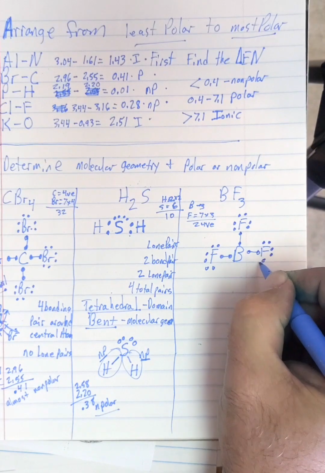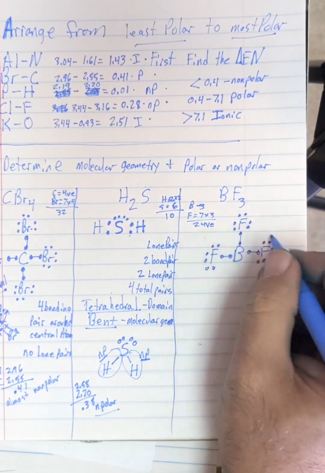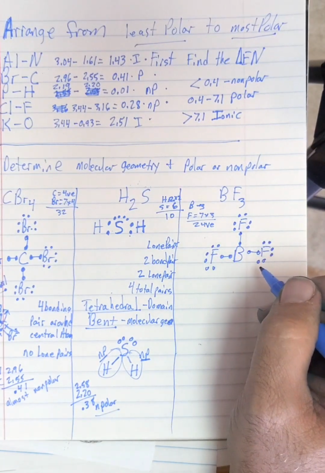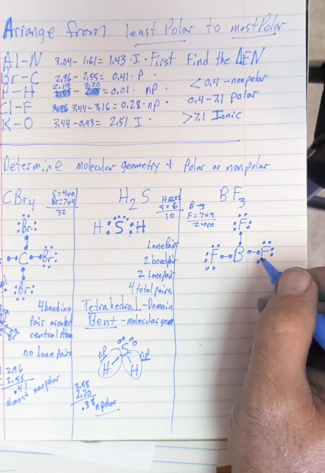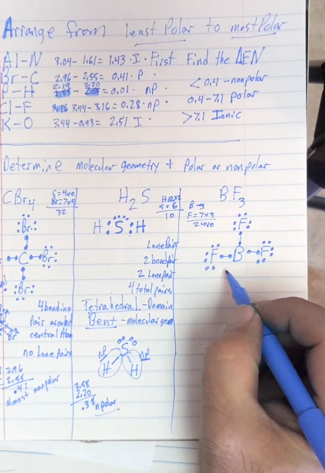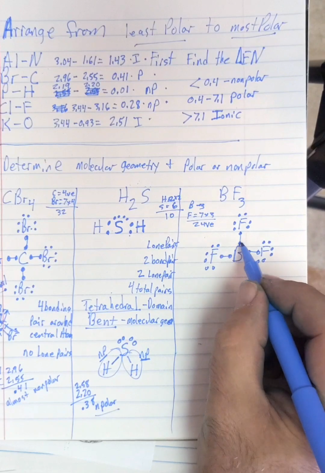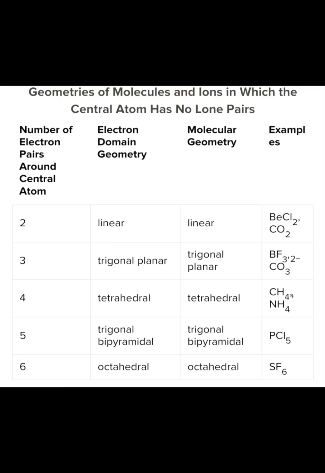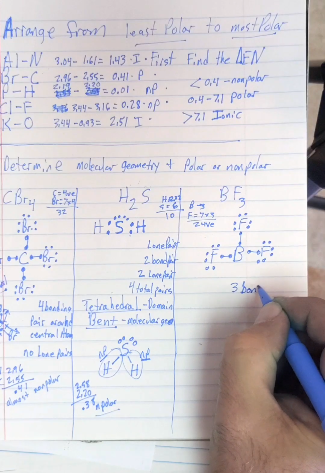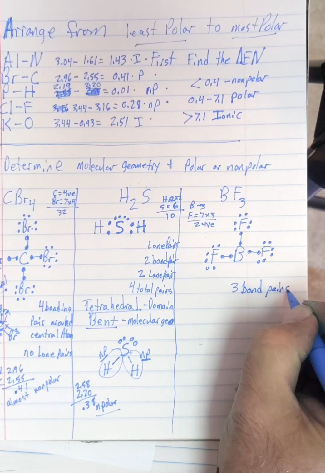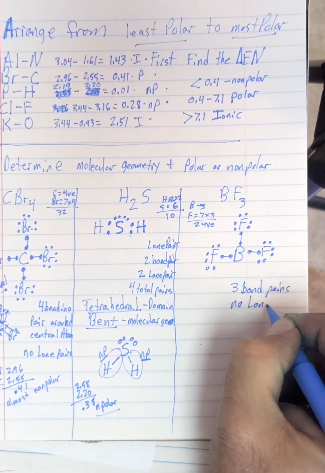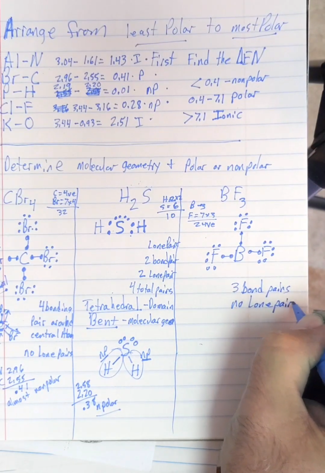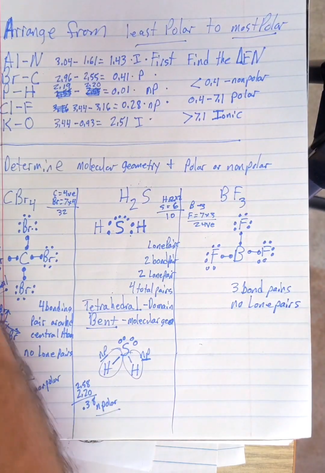We have now used all 24 valence electrons. There are no lone pairs. To figure out the geometry, we can look back at that diagram. We see that this would be trigonal planar, which means it makes kind of a triangle shape, but all of the atoms are in the same plane. There are no perpendicular ones.